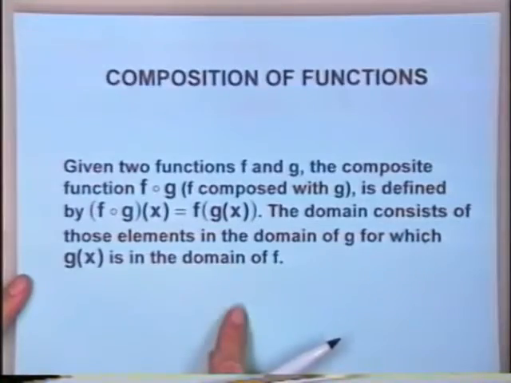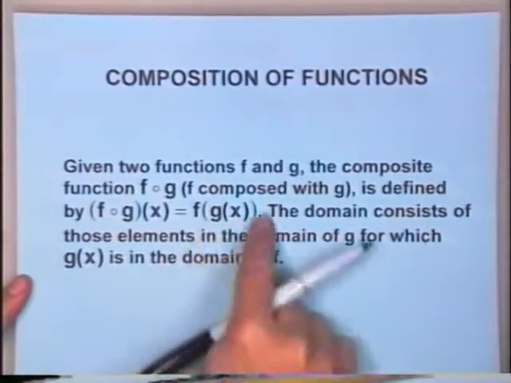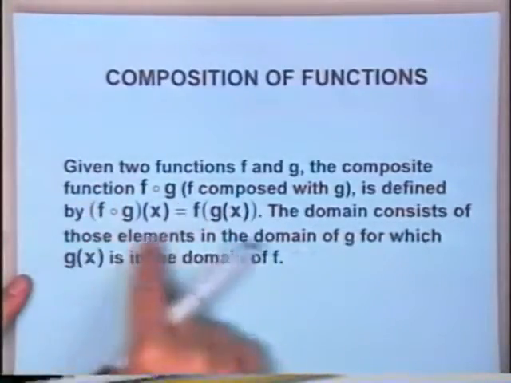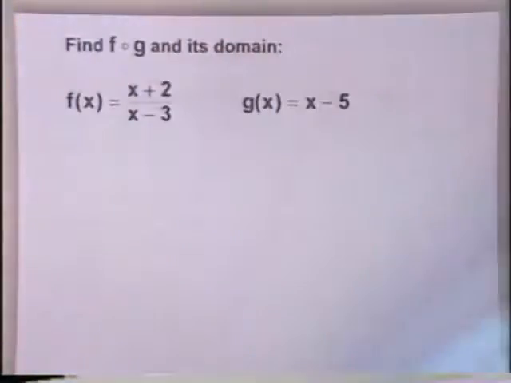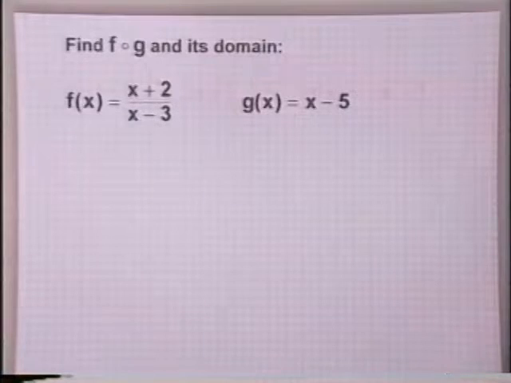First of all, I want us to concentrate mainly on this definition. How do we actually do the algebra, so to speak, to get the composition function, and then we're going to talk about that domain situation. Find f circle g and its domain.